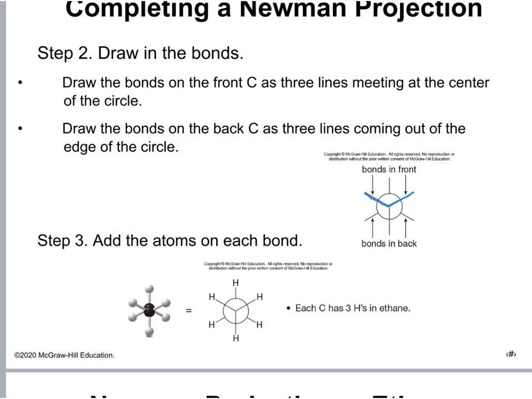This is your lowest energy conformation because the dihedral angles on that back are going to be the furthest away. So these are bonds in the back, and these are bonds in the front because they're connected to that center. And this is going to be the staggered conformation.